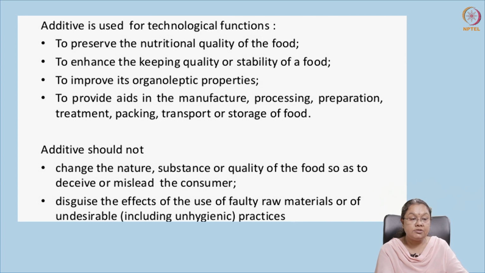The first and most important reason is to preserve the nutritional quality of the food. So we have preservatives, and that is the major part of the food additives that we commonly use. Then additives also enhance the quality and stability of food, and improve the organoleptic properties, which means the sensory properties. There are 5 senses: sight, odor, flavor, touch, and overall acceptability.